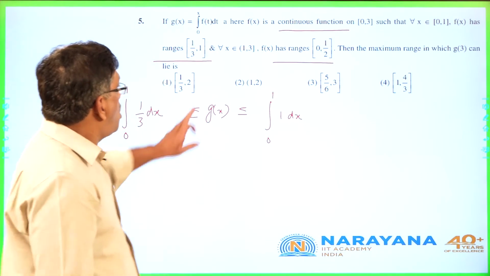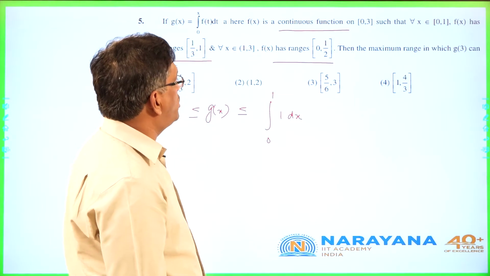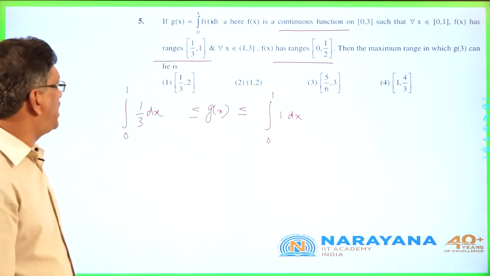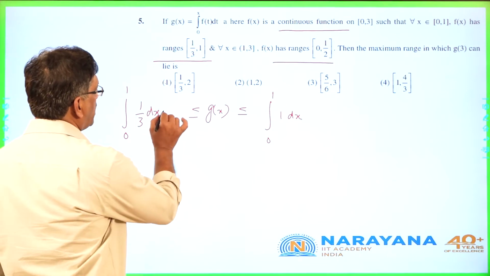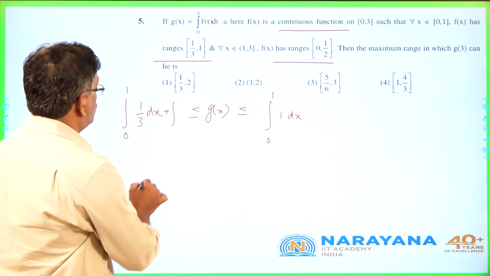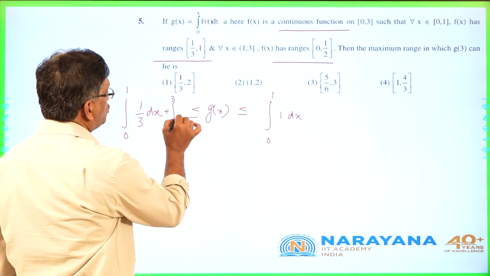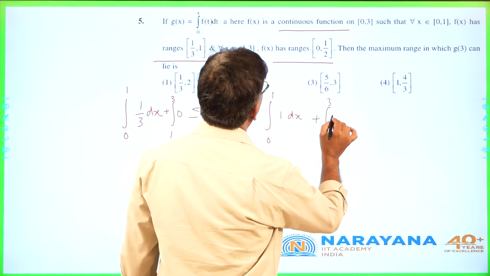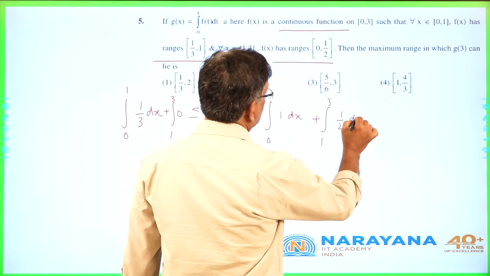Whereas for all x belongs to 1 to 3, f of x ranges from 0 to 1 by 2, for all, right, 1 to 3. This is 1 to 3, it is 1 by 2 dx.